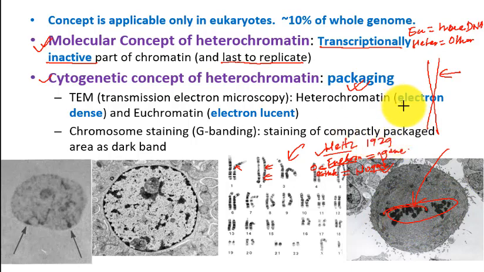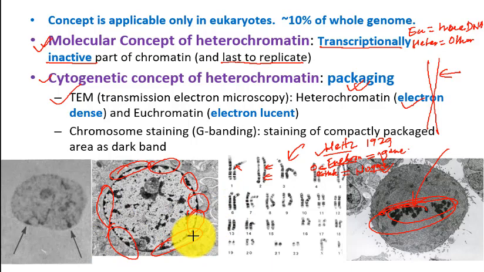So an electron dense region, we call heterochromatin. From the transmission electron microscopic perspective, the whole chromosome is heterochromatin, irrespective of whether the band has genes or not. And in the interphase nucleus, the areas of chromatin which are densely electron dense are called heterochromatin. This is the concept of transmission electron microscopy.